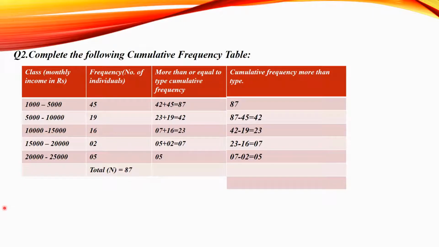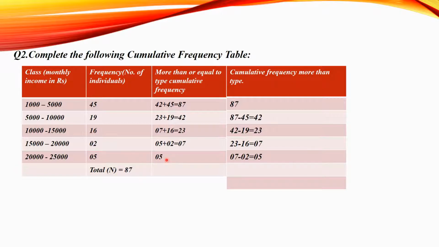The class is given as monthly income. 1000 to 5000, frequency is 45. 5000 to 10,000, frequency is 19. 10,000 to 15,000, frequency is 16. 15,000 to 20,000, frequency is 2. 20,000 to 25,000, frequency is 5. Total frequency is 87.